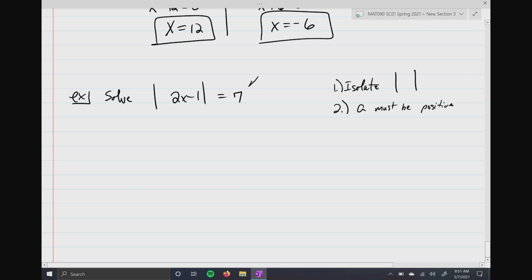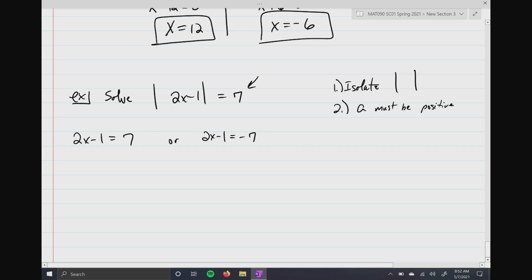So this number on the opposite side has to be positive. For us, it is positive. That is good, which means we are allowed to go ahead and rewrite as 2x minus 1 equals 7, or 2x minus 1 equals negative 7.